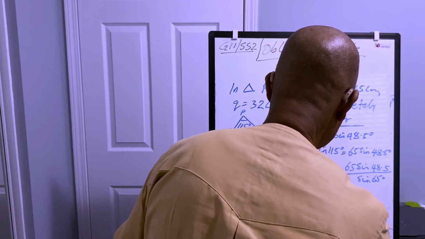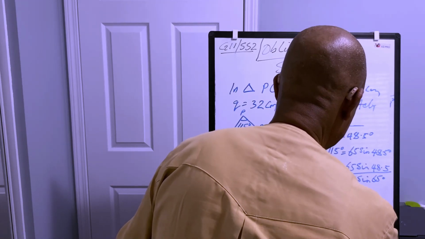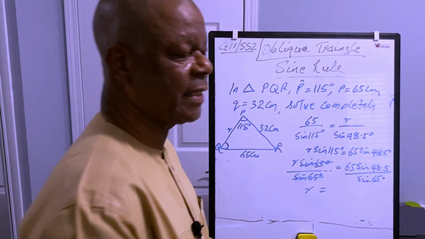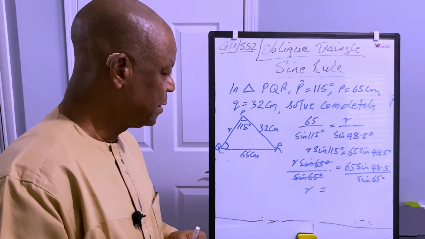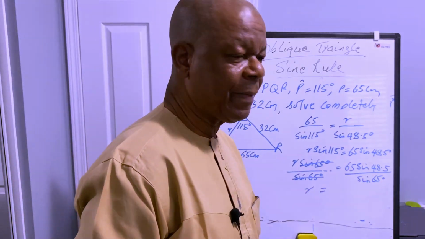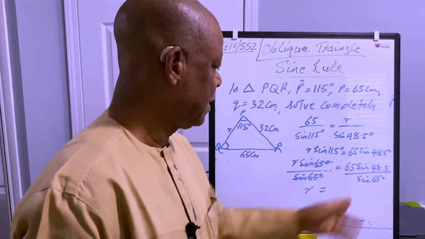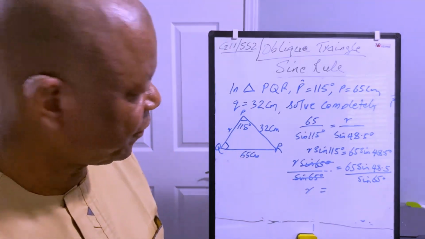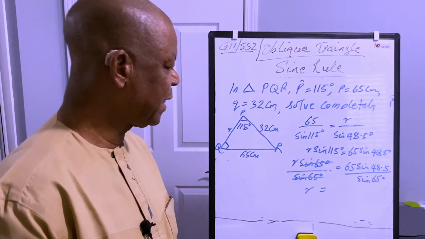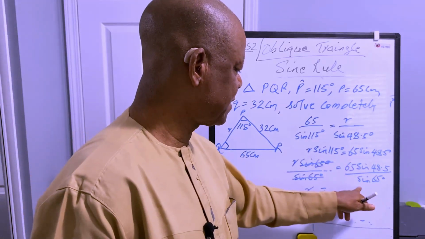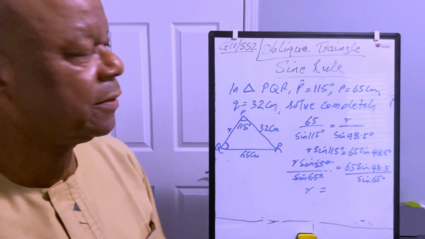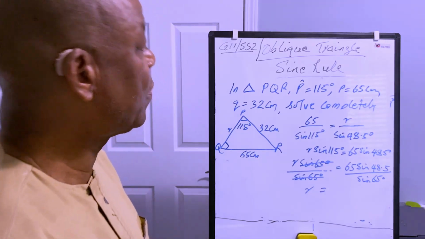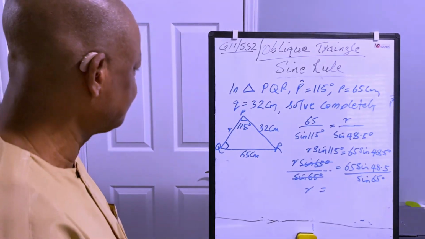So we single out R and then we find the value of sine 48.5 degrees, multiply it by 65, and then find the value of sine 65 also from the 4-figure table, substitute that, multiply first and then divide. When we do that, we now collect our answer.